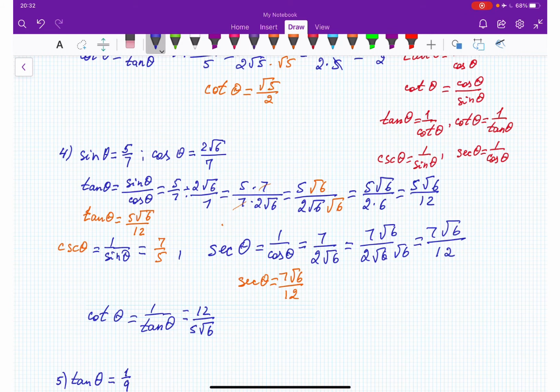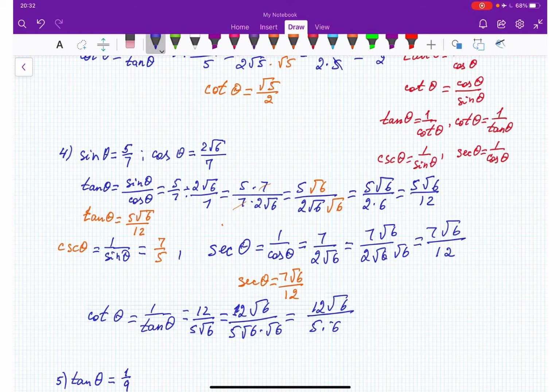So this is going to be equal to 12 square root of 6, rationalizing obviously, over 5 square root of 6 times square root of 6. The answer is 12 square root of 6, and here 5 times 6.